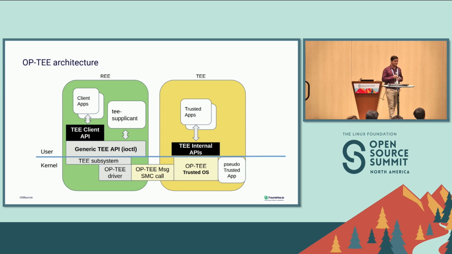You can think of them as analogous to kernel modules, but they are built into the OP-TEE core rather than loadable modules. And on the user space side in the trusted execution environment, we have these APIs that are again TEE internal APIs as per GlobalPlatform, and a trusted application can use them to get various services from the OP-TEE core. So these are again, you can think of them like ioctls into the OP-TEE core and accessing various services over there.